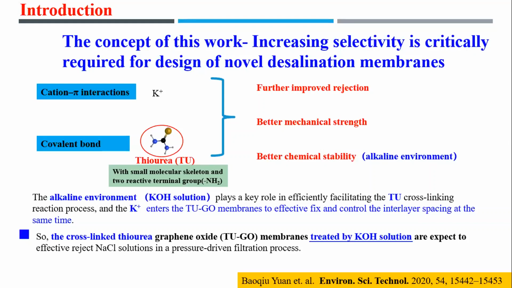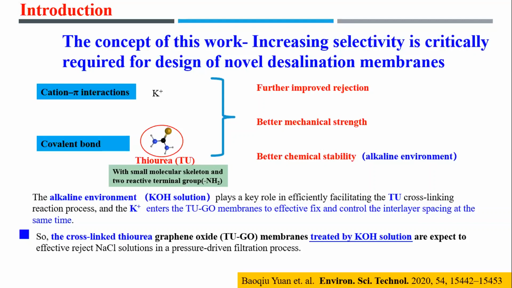So the side-zero, with a small molecular skeleton and two reactive terminal groups, was chosen as a cross-linker, and the alkaline environment of potassium hydroxide solution plays a key role in facilitating the cross-linking reaction, and the potassium ions enter the cross-linked graphene oxide membranes to effectively fix and control the interlayer spacing at the same time.